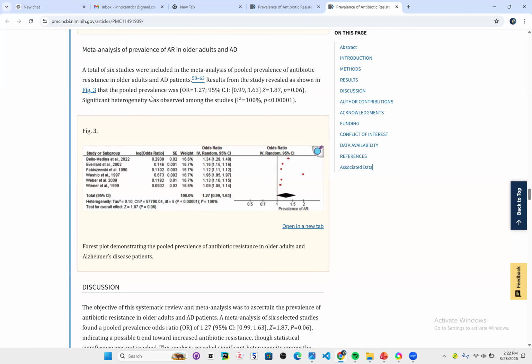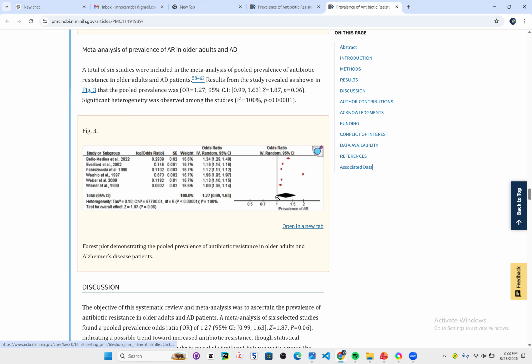In the meta-analysis, this is what we call the statistical summary, and the pooled prevalence here is at 95% confidence interval. We have an odds ratio of 1.7, and the confidence interval lies between 0.99 and 1.63.